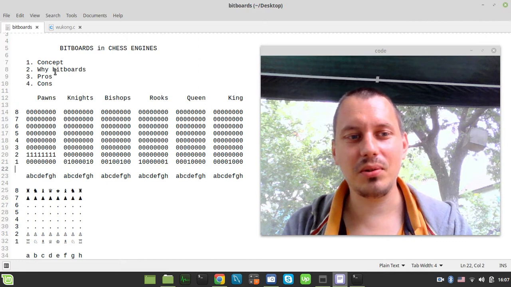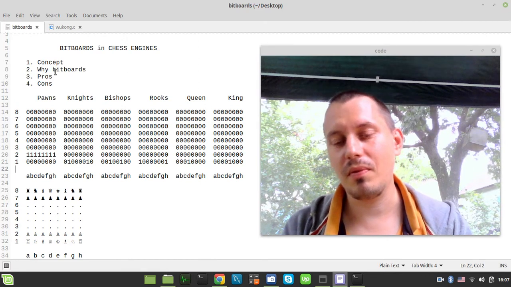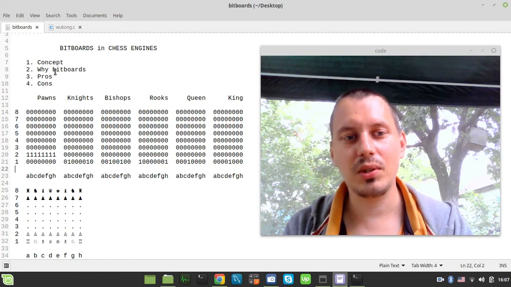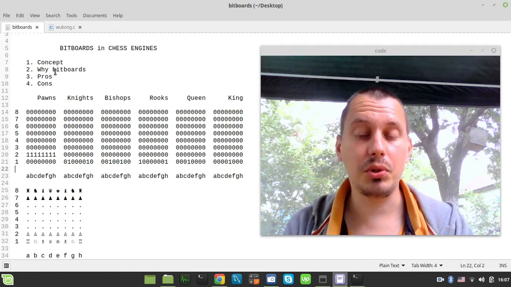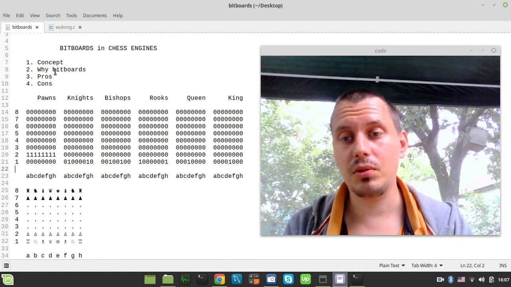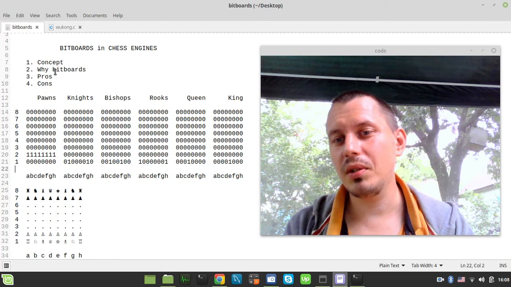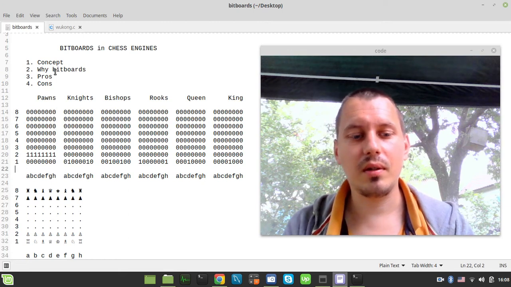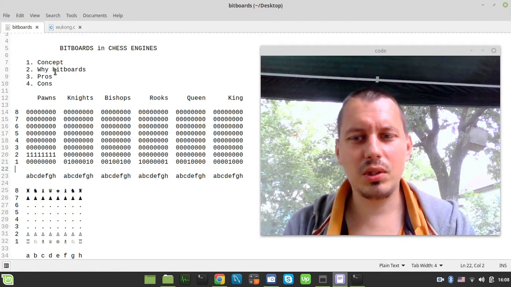Actually, the reason to use bitboards is more for the evaluation purposes rather than for the speed of the move generation, because the speed of the search doesn't really rely that much on the speed of the move generator. If you optimize search really nicely, if you add some transposition tables, your move generator doesn't need to be lightning fast. It may be just a casual move generator.